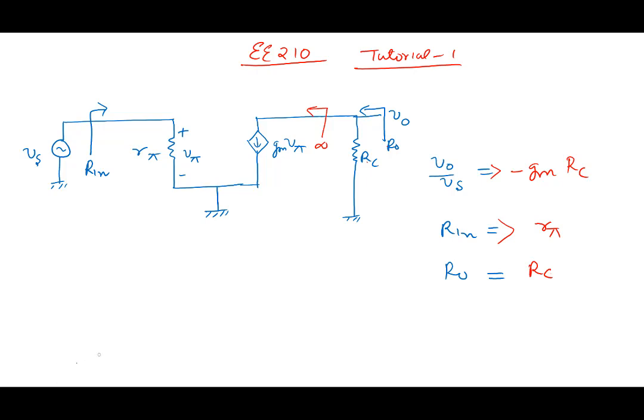Alright, let's come back to the next circuit that we were looking at in the last lecture. Let me put it here. R pi, g_m V pi, as usual this would be V pi for us.